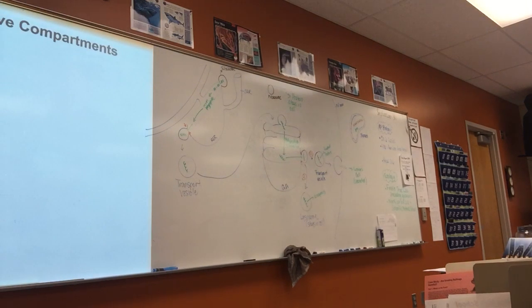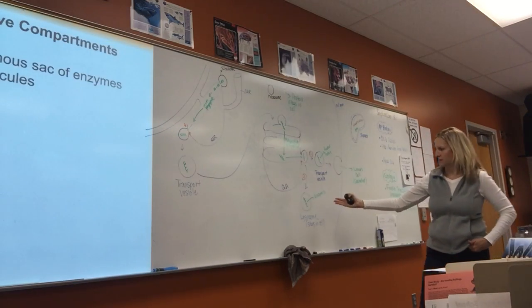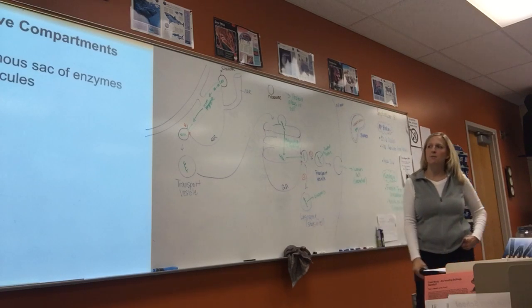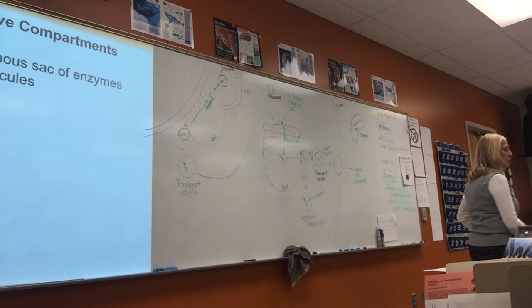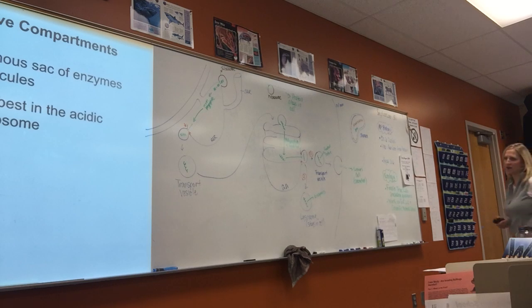So if it becomes a lysosome, stays in the cell, has enzymes, what does it do? So let's write here in our notes. A lysosome is a membranous sac of enzymes that can digest macromolecules: proteins, carbohydrates, lipids. They work best in an acidic environment.